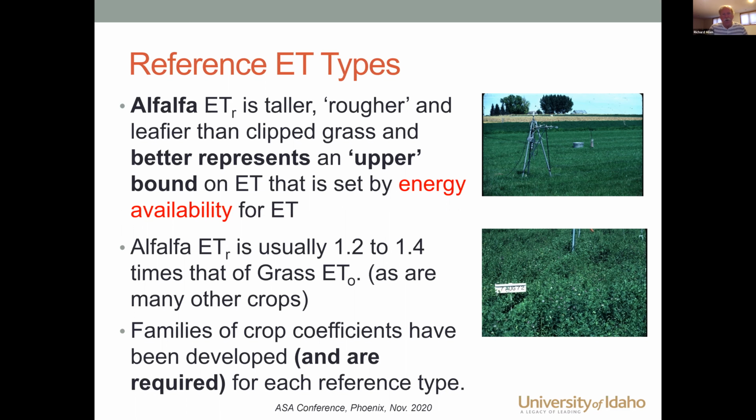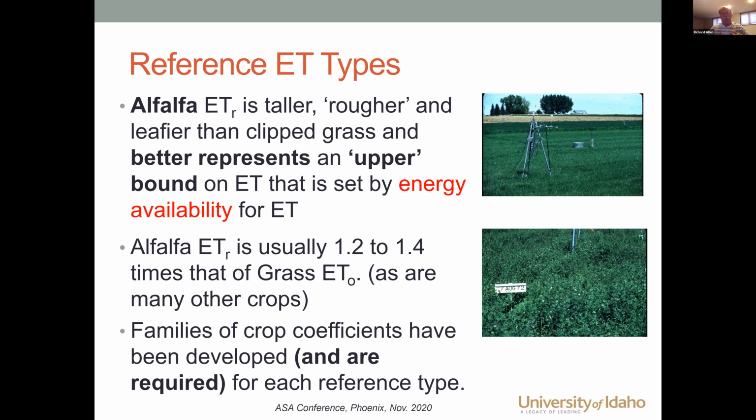The windier it is, the drier the air, the larger the difference we see between alfalfa and grass, simply because alfalfa has more leaf area, and it's pretty much maximizing the conversion of energy from the environment, which includes solar radiation, long wave radiation from the atmosphere, and then any entrainment of sensible heat or thermal heat energy from the air down to the surface.